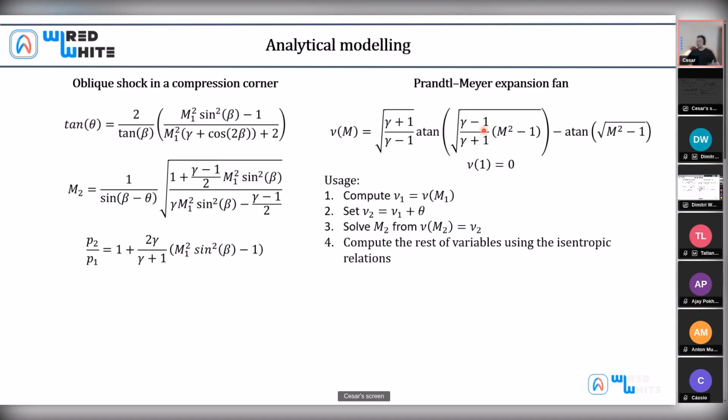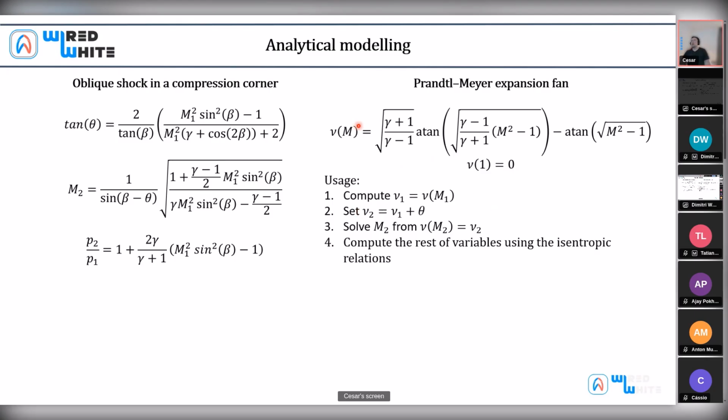So how do we use it? First of all, we need to compute the turning angle that we need to have for the Mach number before the expansion fan. Once we have this angle, we add the theta of the obstacle to the first theta 1, and then we get the turning angle of the Mach number after the wave.